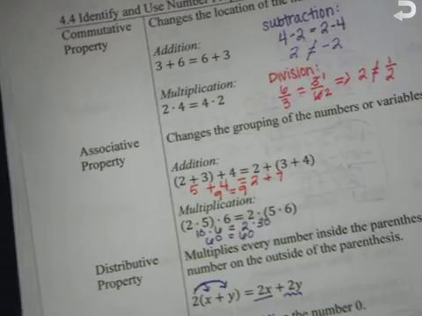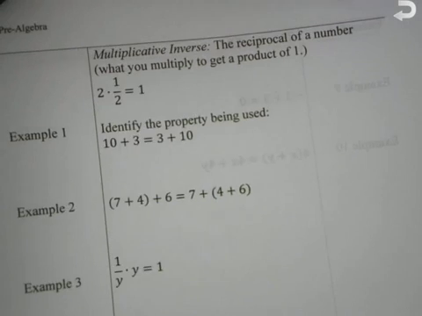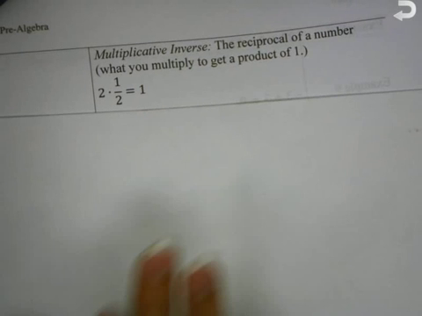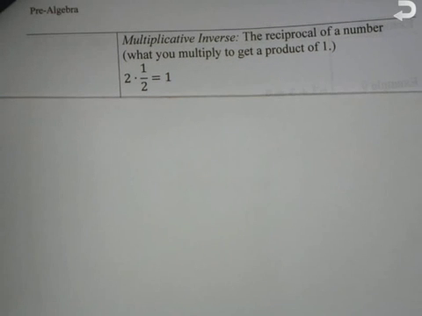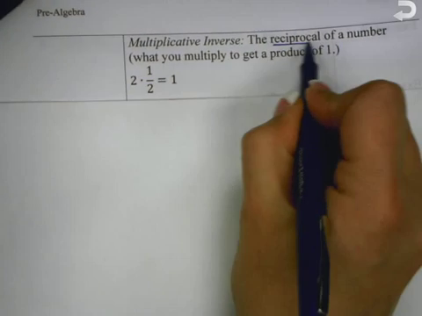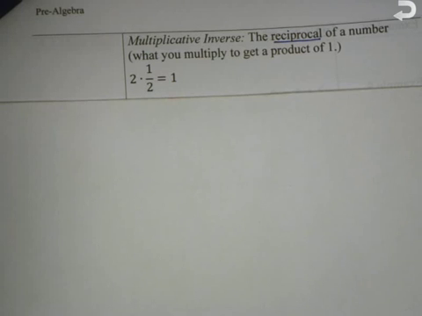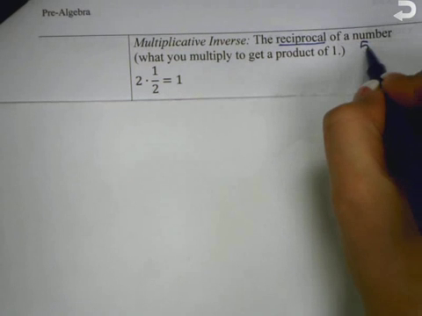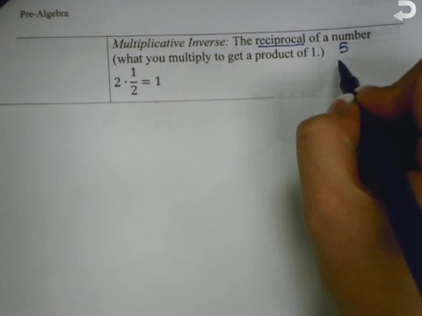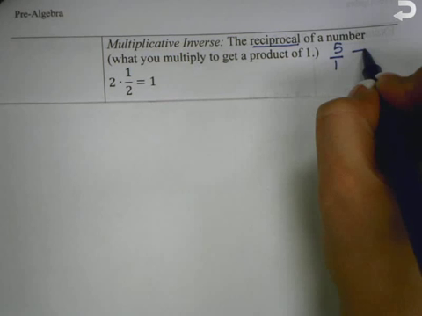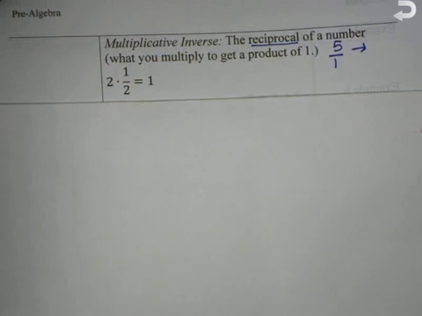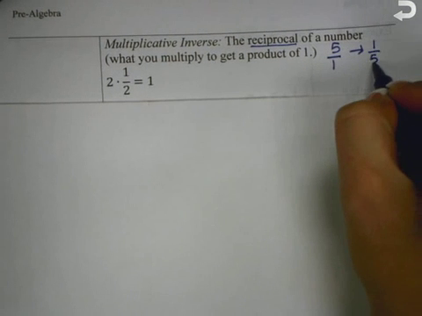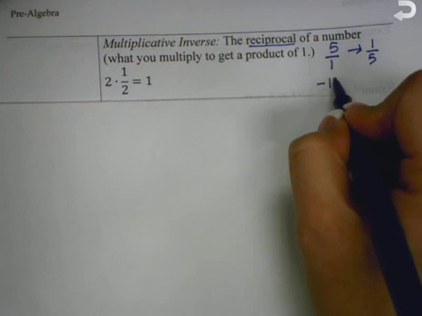We've already done this. It's called the reciprocal. How do I find the reciprocal? If I have a number, say 5, that's the same as 5 over 1. And so what would the reciprocal be? Good, 1 over 5. What would be the reciprocal of negative 100?